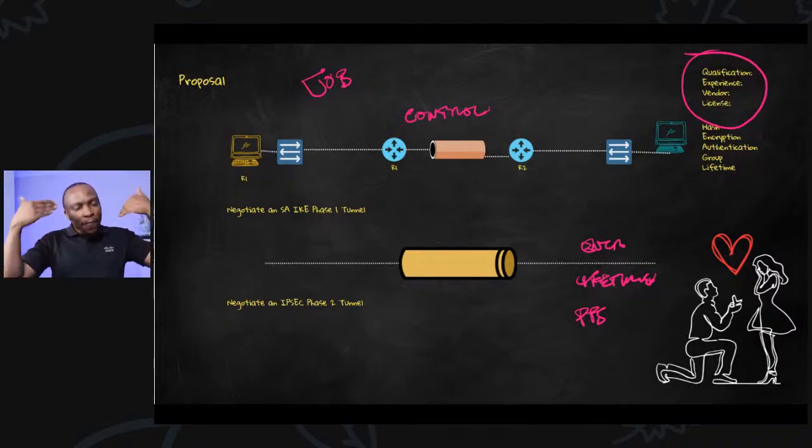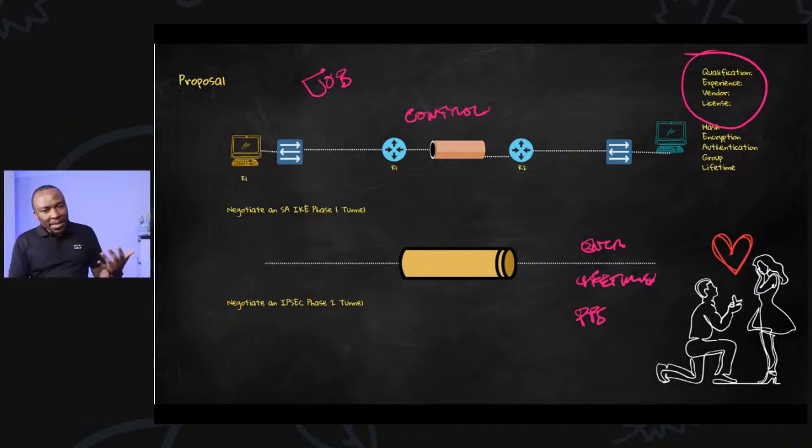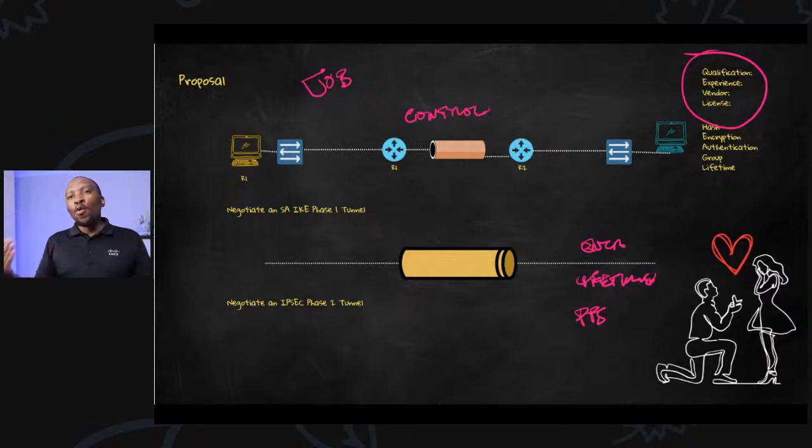And in that phase two, something similar is also discussed in terms of how you are going to encrypt the data. And when the tunnels are formed, that creates a virtual private network. So we're using a public network to tunnel our traffic through the internet, but the traffic is protected, it is encrypted, and people who eavesdrop on that conversation will not be able to see anything.